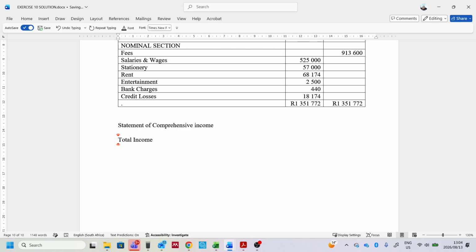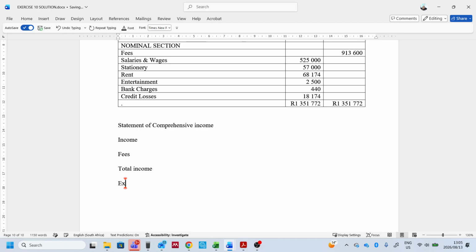Or let me just say income first. In our business, we've got what? Fees. If you received interest, you will write what? Interest received. If you received rent income, you're gonna write what? Rent income received. After that, you'll write that what? Total income.